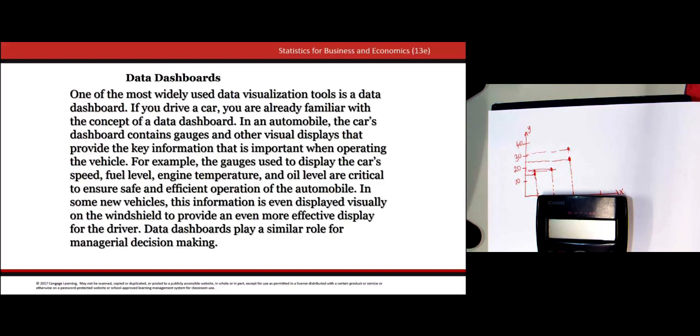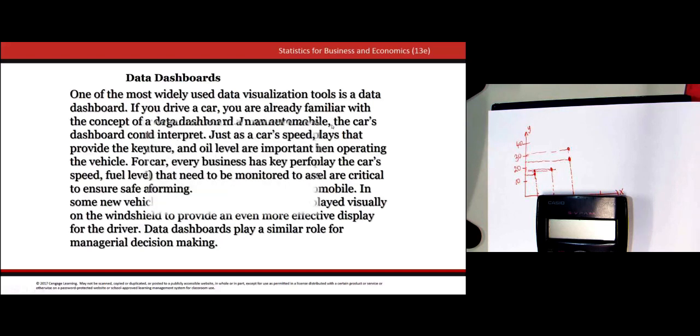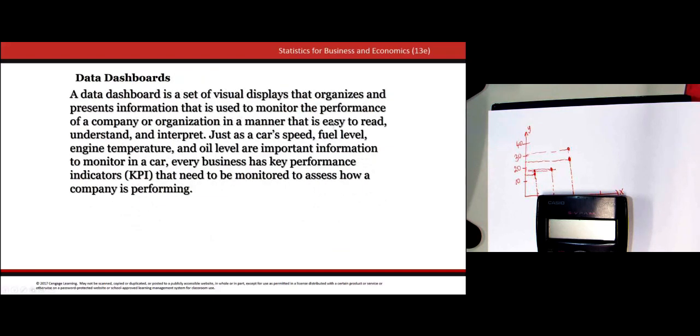For example, the fuel level, speed, the oil level, these are the critical information to ensure safe and efficient operation of the car. And dashboards play a similar role for managerial decision making. A data dashboard is a set of visual displays that organize and present information that is used to monitor the performance of a company or organization in a manner that is easy to understand and interpret.